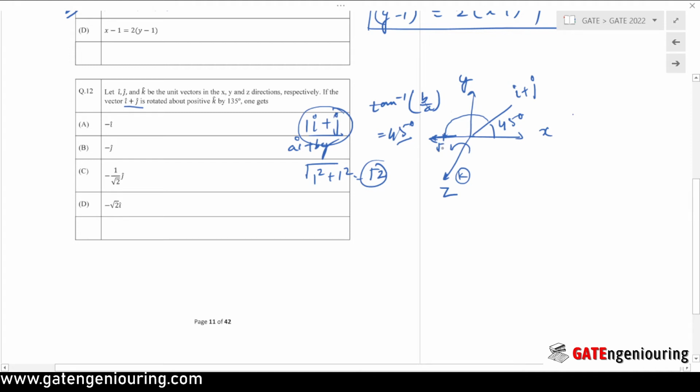Since it is falling on the x-axis, it is under root 2 i. If it were falling on the y-axis, it would be under root 2 j. If it were falling somewhere in between, then both i and j would be there, but here it is under root 2 into i, and the direction of that is minus, so the answer is D.